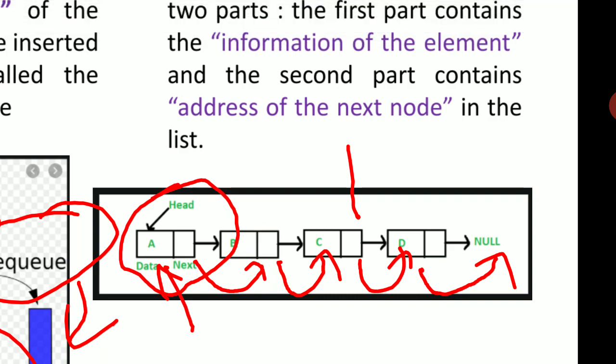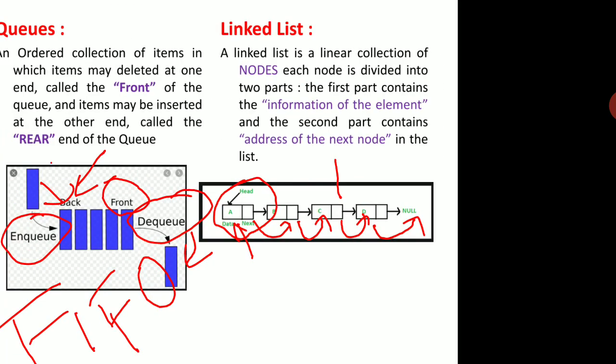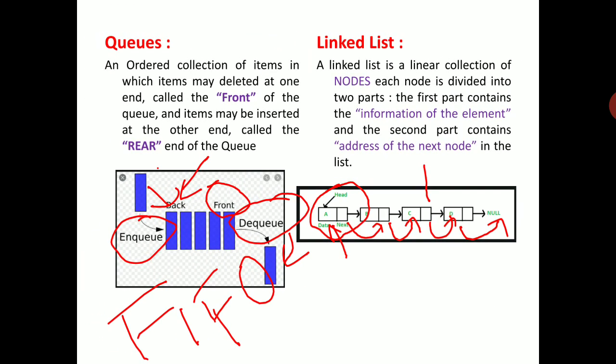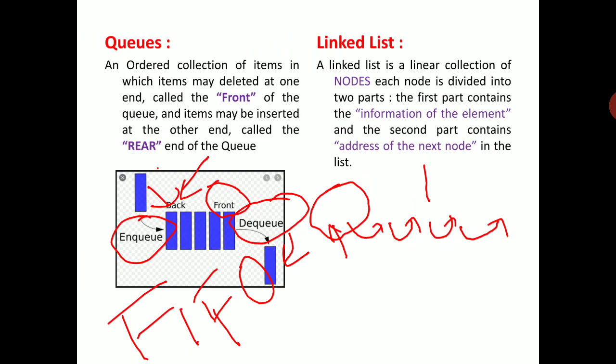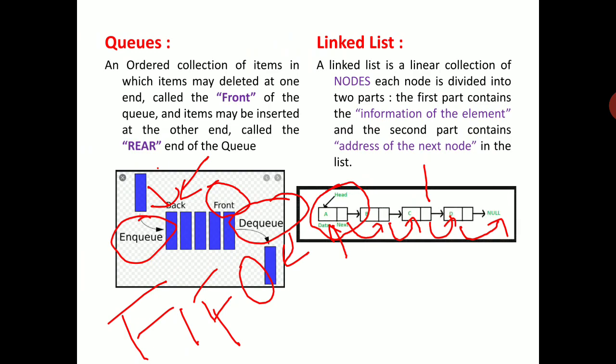Okay, we'll see what a linked list is in detail later onwards, but we have to concentrate here. There are four types of linear data structures. The first linear data structure is array. Then the second one is stack. The stack follows which principle? Last in, first out, LIFO.